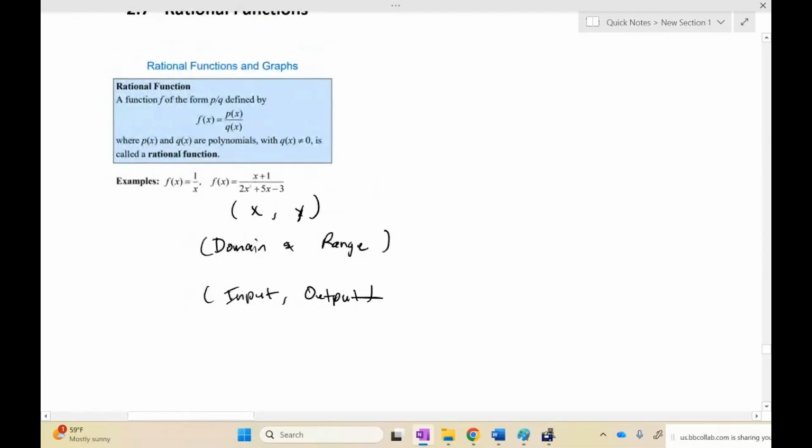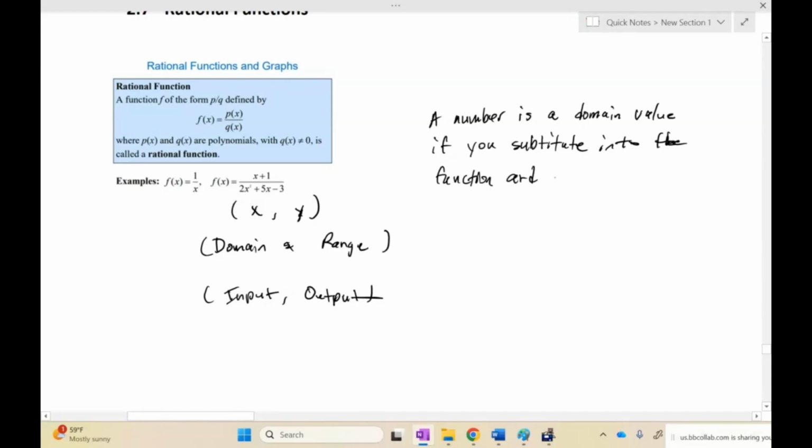All right. We also talked about you can only consider a number a domain value if you substitute into the function and get an output.